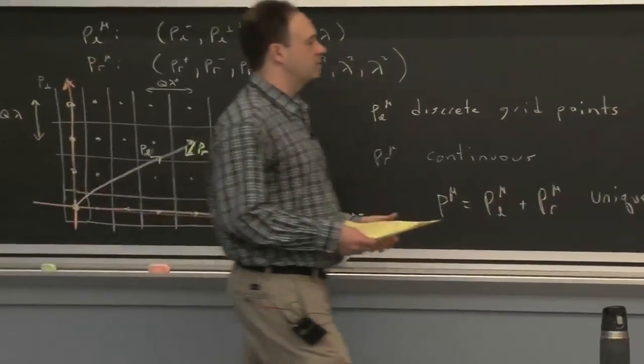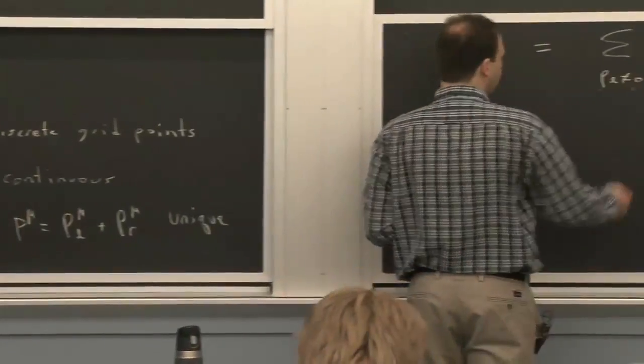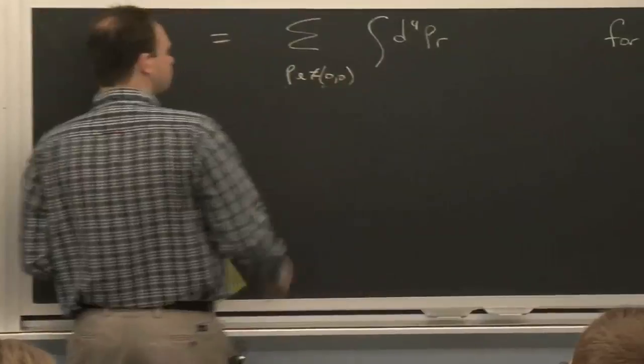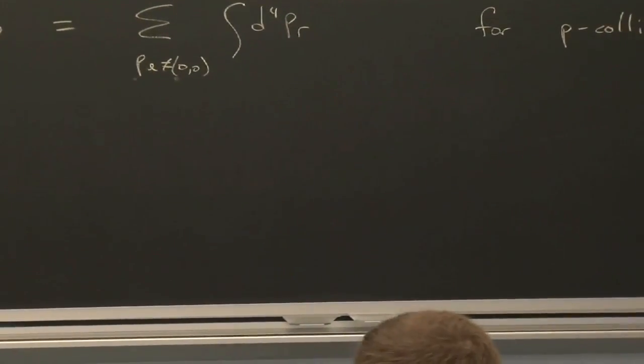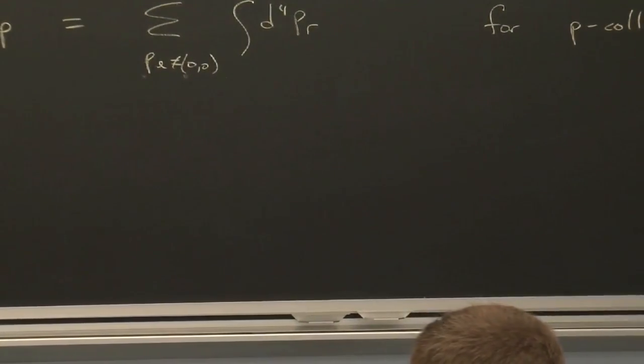So the one box where PL is equal to 0, 0 is not collinear, it doesn't have a collinear momentum.